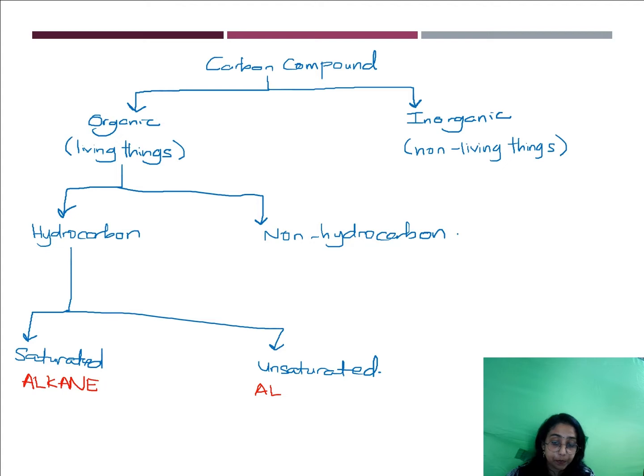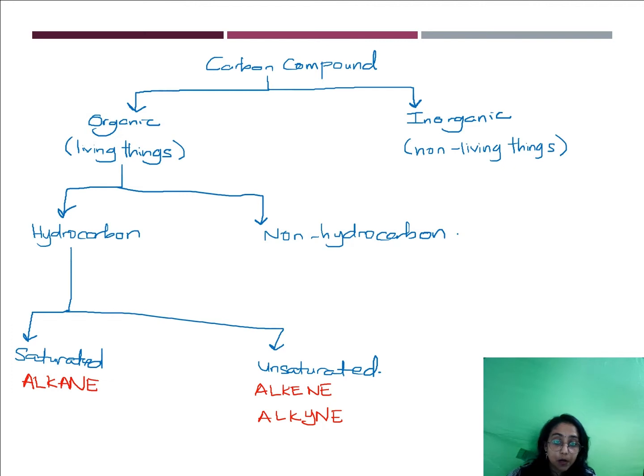There are 2 possibilities: it can be either alkene or alkyne. That means the compounds consist of carbon atoms and hydrogen atoms only, where the carbon atoms have at least 1 double or triple bond. Then it comes under unsaturated hydrocarbons.